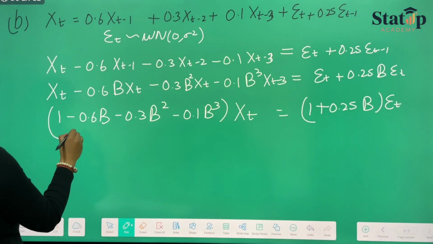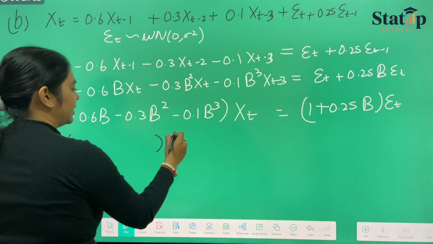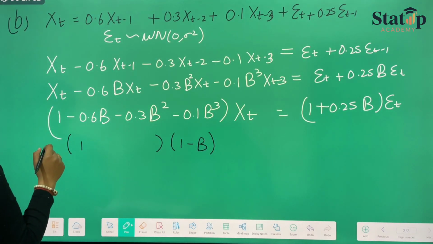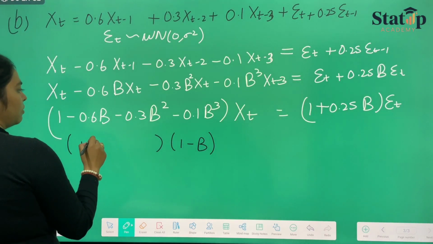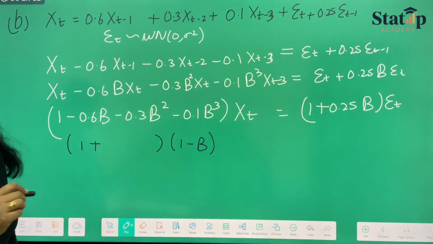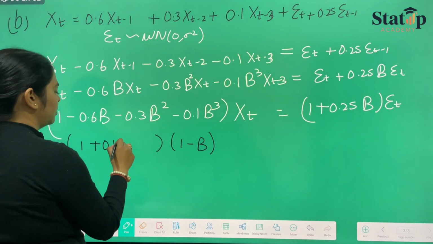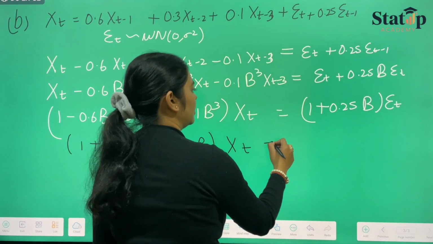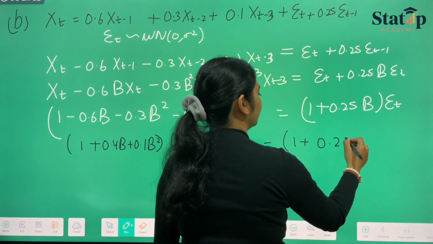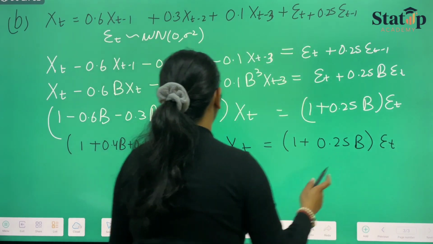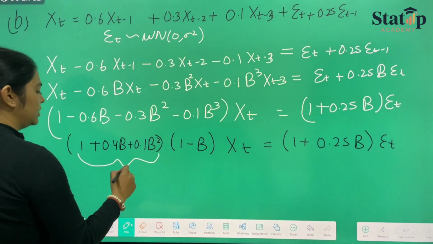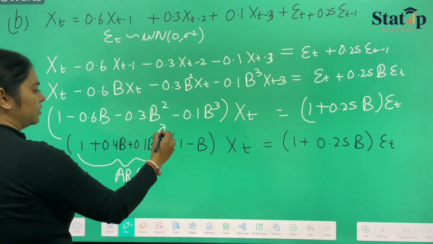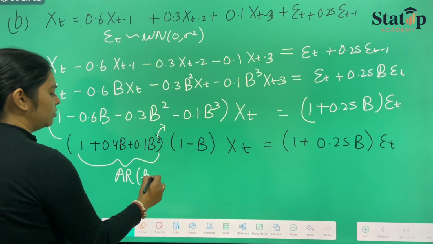Okay, so when we solve this, if I take 1 minus B common from this, it would be 1 minus B times 1 plus 0.4 B plus 0.1 B square, xt equals 1 plus 0.25 B epsilon t. Now this is our autoregressive series and the order P is 2.